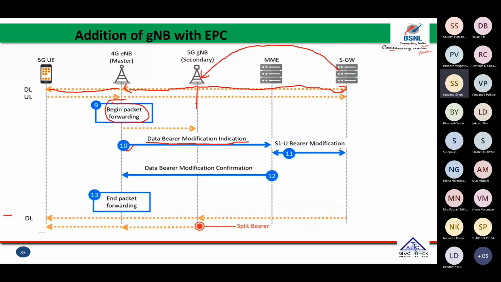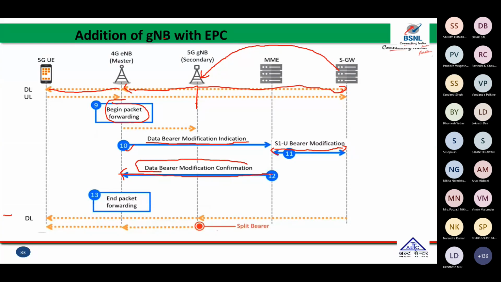And the serving gateway sends the S1-U bearer modification indication. Request and response messages are both there. The MME sends the message to the serving gateway, and the serving gateway then sends the message back to the MME, and the MME sends to the master eNodeB the data bearer modification confirmation.